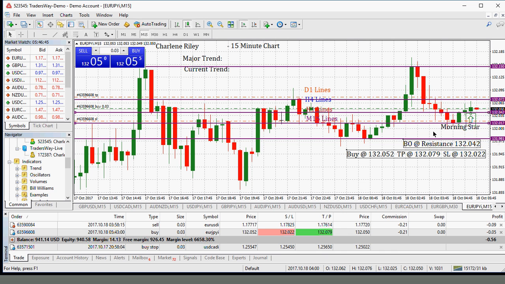Your transaction is always going to be in the direction that the market is going. So if it's going up, you're entering into a buy. If it's going down, you're entering into a sell.